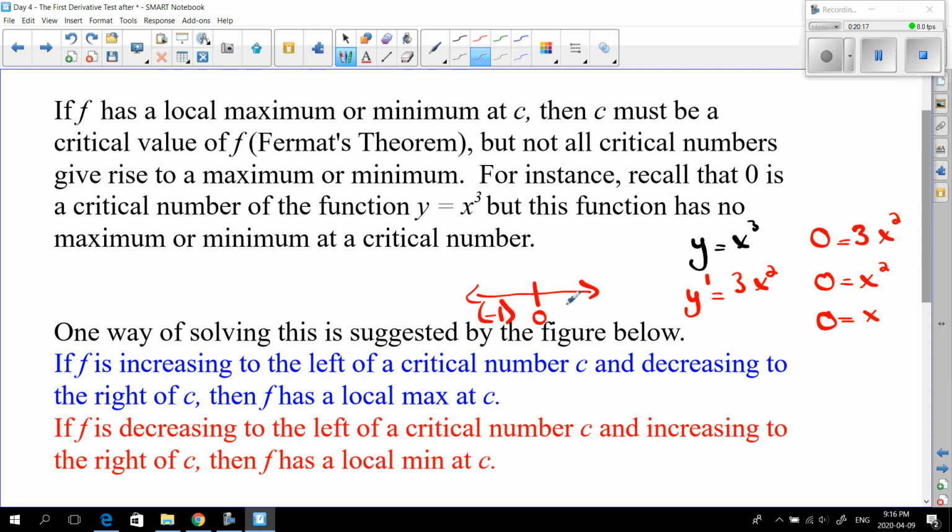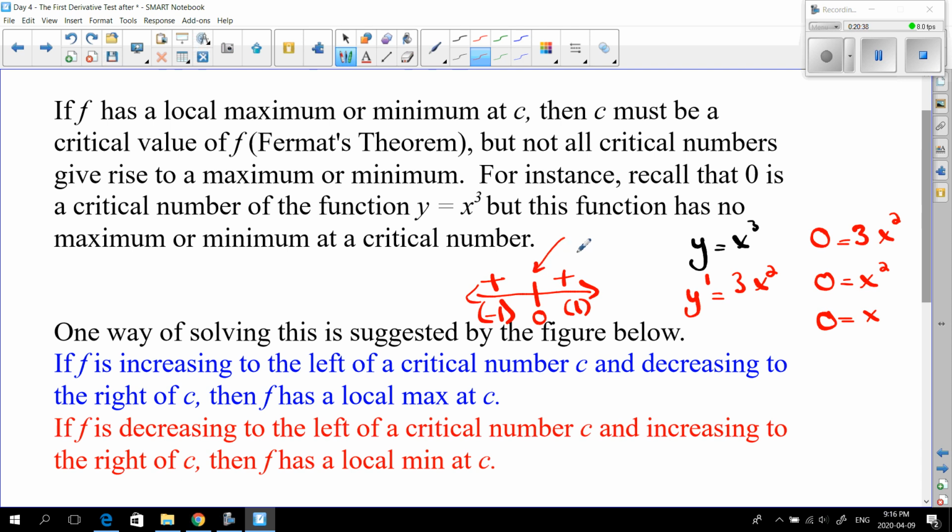I'm going to pick some test values and plug them into the derivative. You're trying to see if the derivative is positive or negative. If I put a negative 1 in there and square it, I get a positive 1 times 3, which gives me a positive 3. If I fill a 1 in there, 1 squared is 1 times 3, it gives me a positive 3. Check this out.